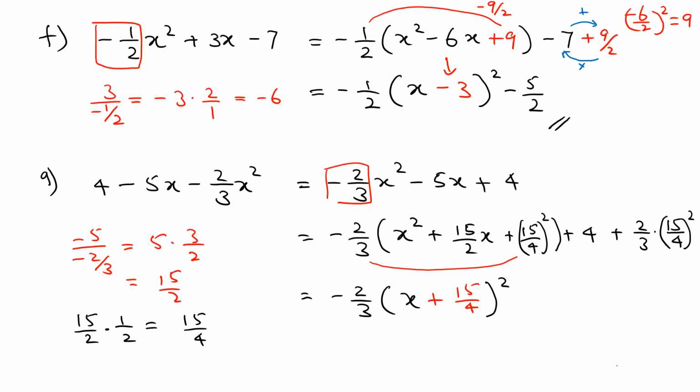Now the only thing left is we need to simplify that. So let's simplify the fractions. I'm going to simplify it over here. We have 2/3 and 15 squared, so it's 15 times 15, and then 4 squared is 16.